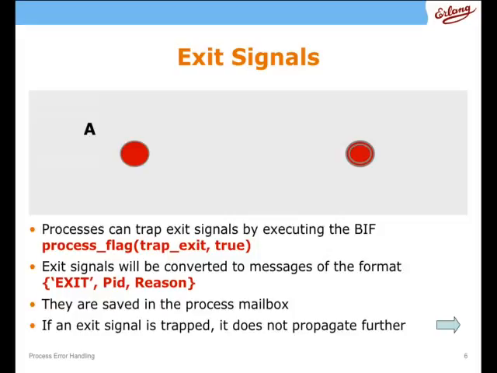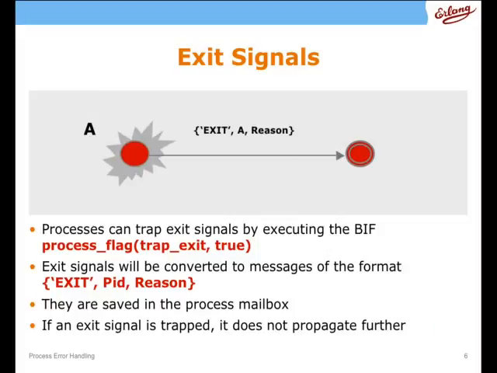And instead of these exit signals causing the process to terminate, those exit signals are converted into messages of a format with the exit atom at the beginning, followed by a PID and a reason. The PID being the originating process, the process that sent the signal, and the reason being whatever reason the termination has happened. And these will go into the process mailbox.